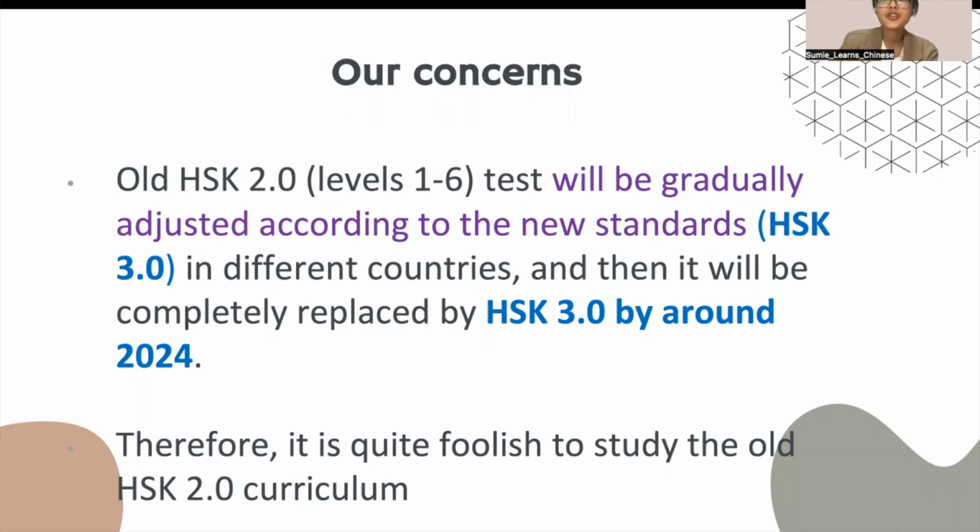So we have to pick up and learn Chinese under the new standard of HSK 3.0. Otherwise, maybe your certificate or your qualification won't be accepted by other countries after 2024. It is our big concern. Therefore, it is quite foolish, or not that smart, to study the old HSK 2.0 curriculum now.